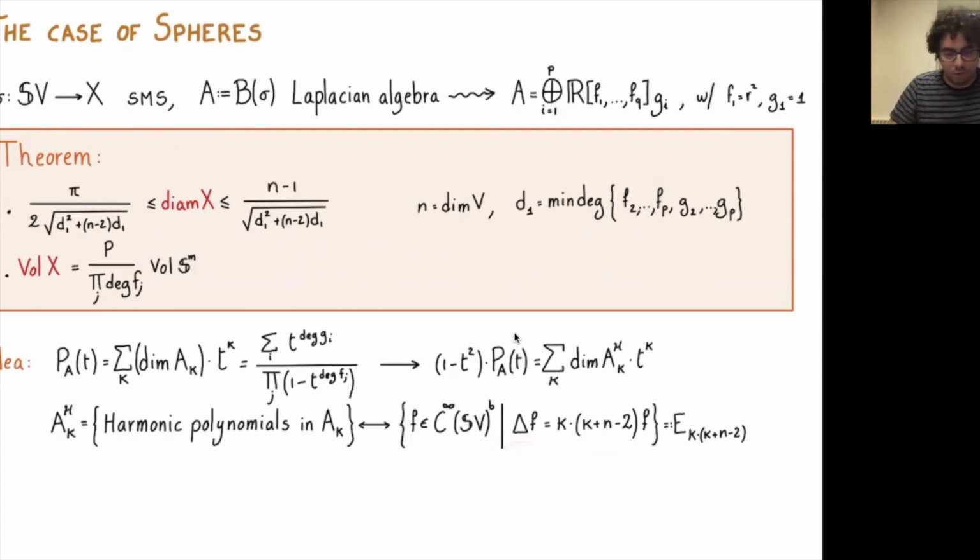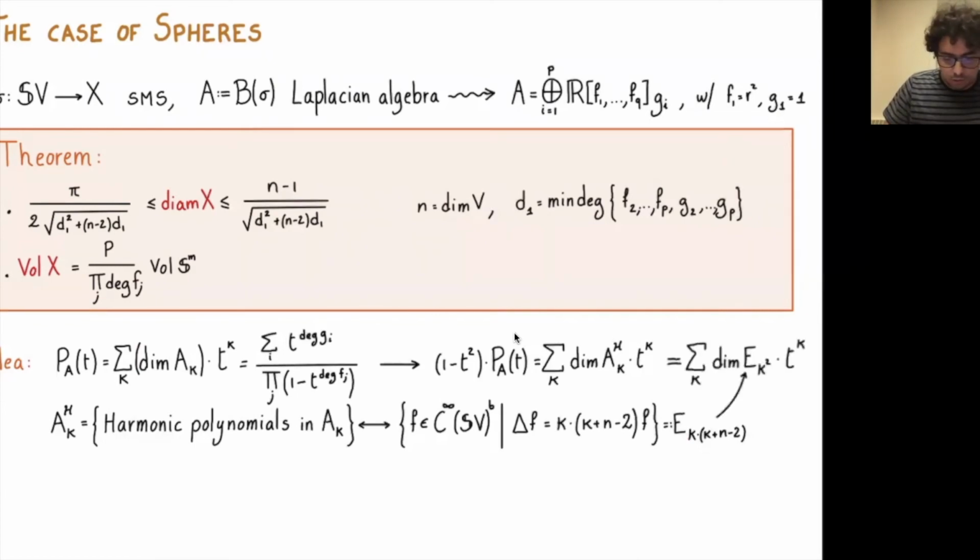So this set here is the eigenspace of the Laplacian of the sphere with this eigenvalue. The point is that it only depends on k and on the dimension.